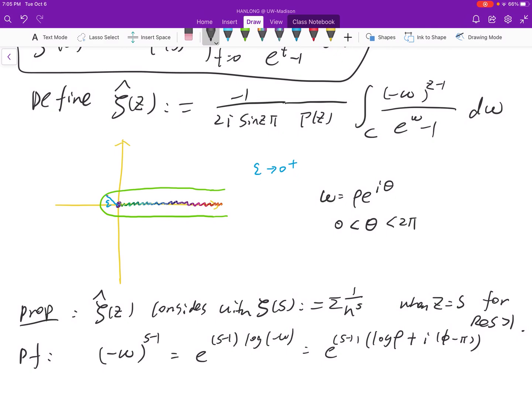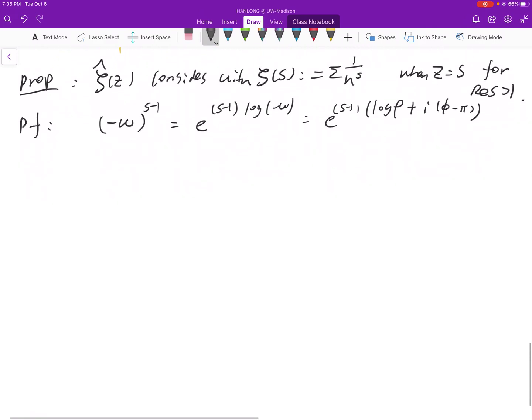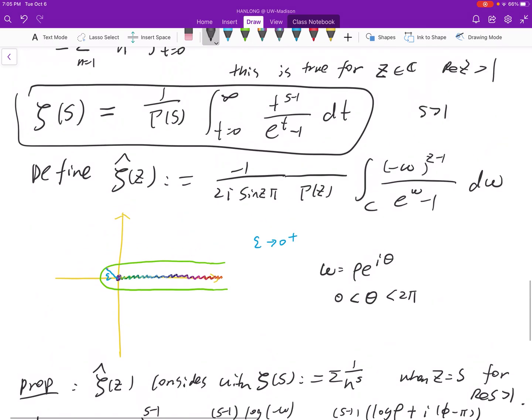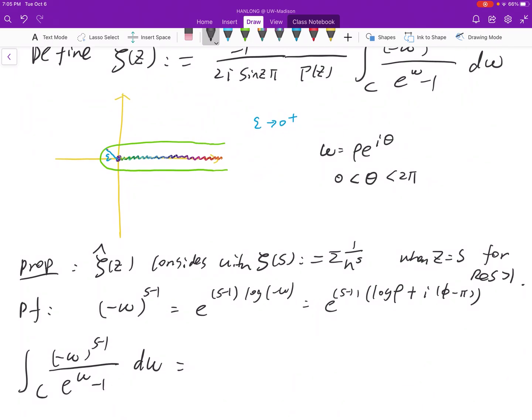Then let's look at the line integral. We can decompose it into two pieces, and after taking epsilon to 0, of course you can estimate the far away part and the small circle part.